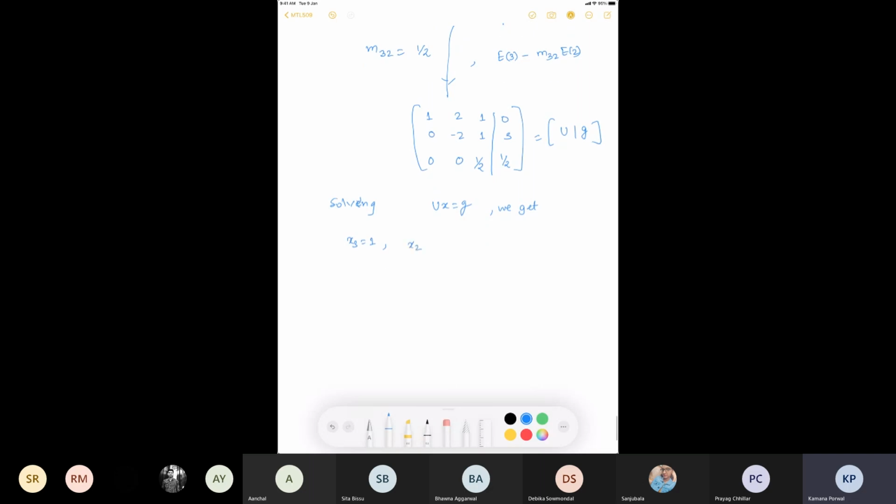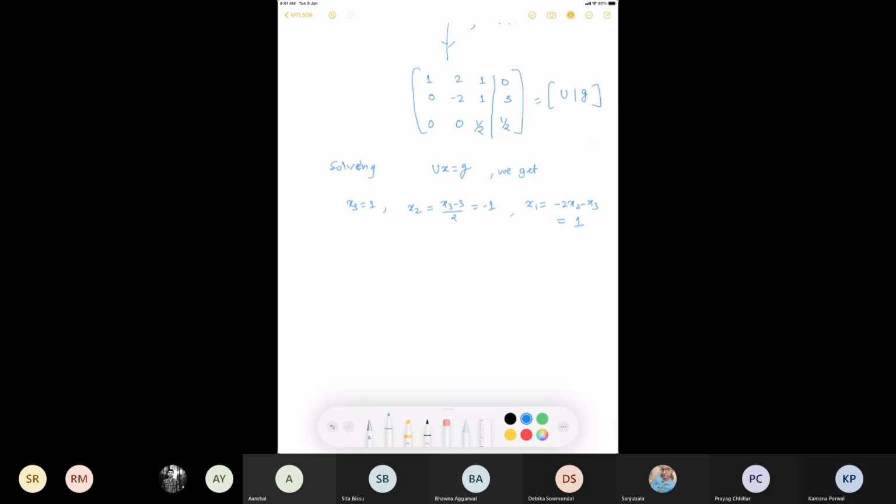Then from the second last equation, we have that -2x2 is going to be 3 minus x3, so x2 is (x3 minus 3) divided by 2, which is -1. And then likewise, from the first equation, we'll get x1 as -2x2 minus x3, which is 1.